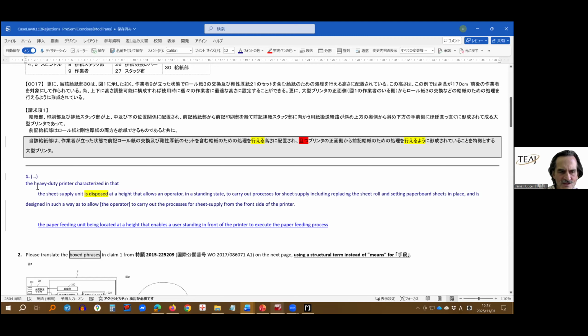But this time a term occurred to me that I have thought of in the past, and that is heavy duty. I looked online, and I think there is such a thing as a heavy duty printer. And I think there is precedent, speaking of the word precedent, for saying heavy duty for ogata. I think there is translation precedent for that. Heavy duty is a definitive category of printers.